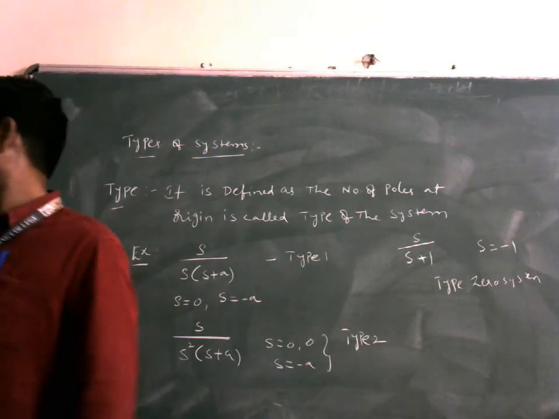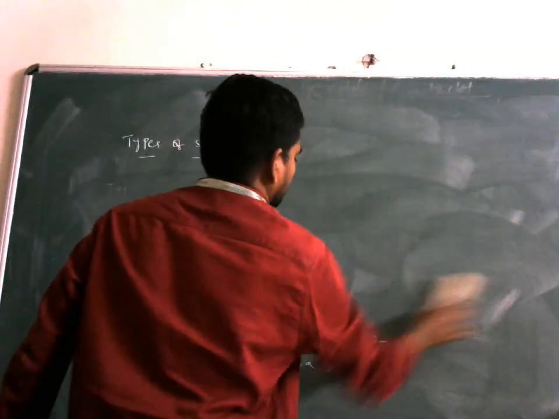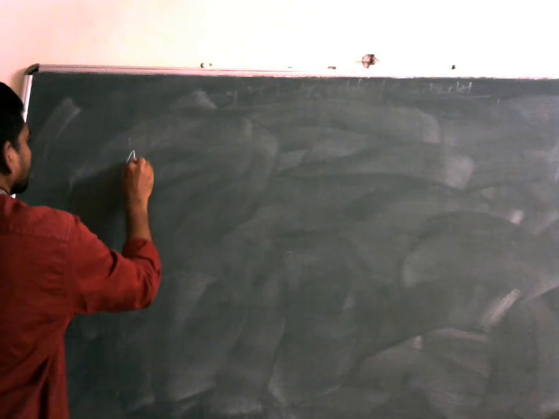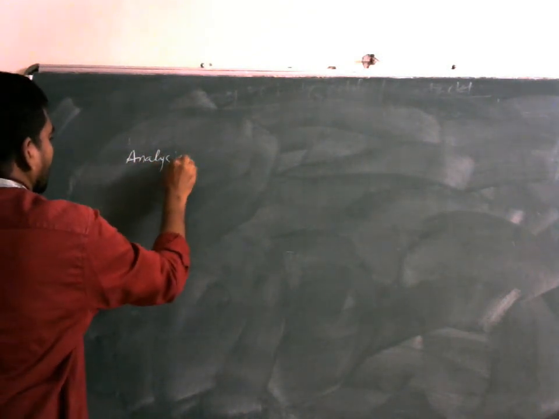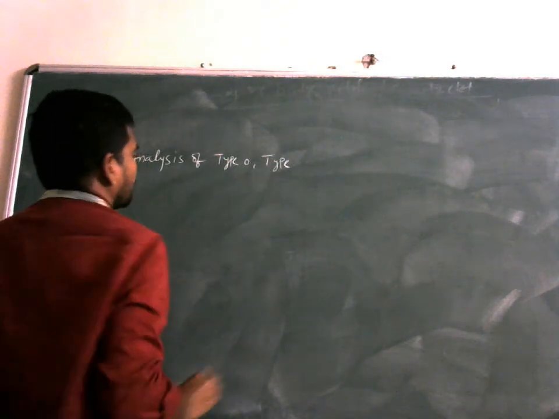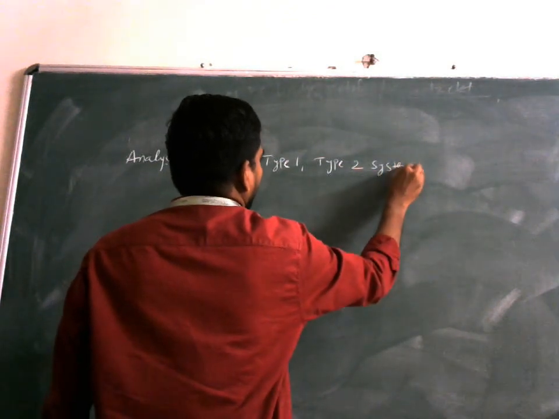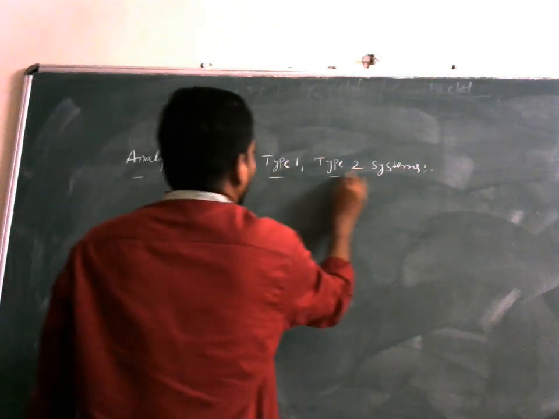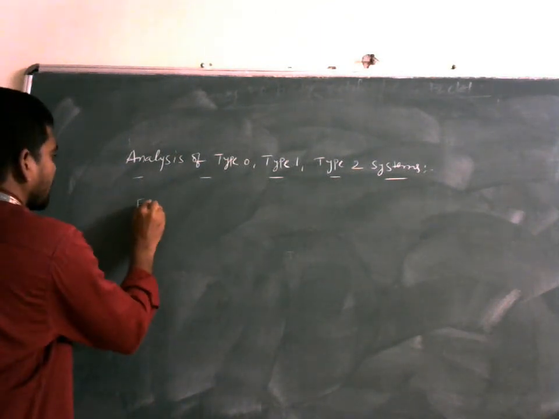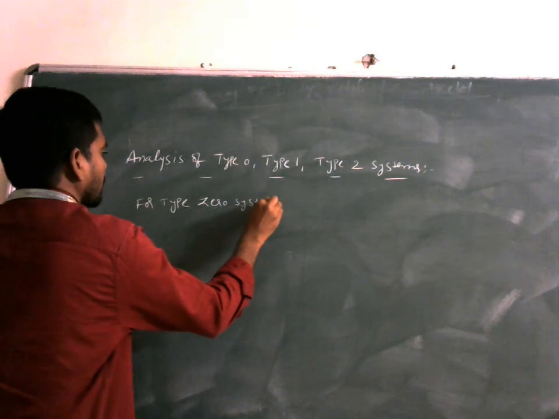Now, how are we going to do the analysis of type 0, type 1 and type 2 systems? First, consider the type 0 system.